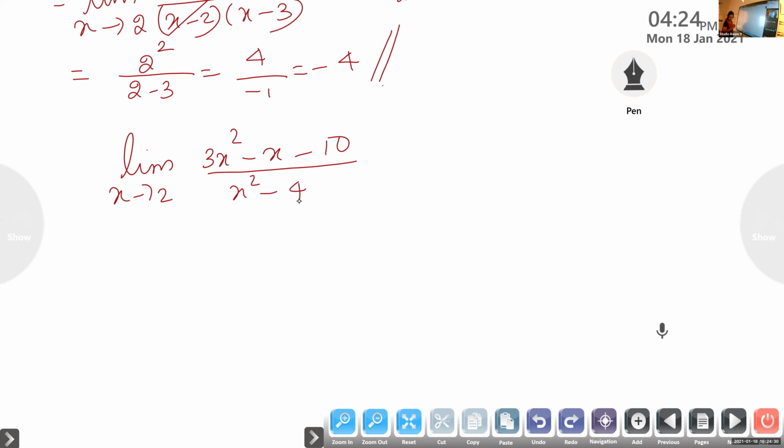Do this one. Solve this and give the answer. If it becomes indeterminate form, we should factorize. Okay, keep it in mind. When it becomes indeterminate form, we have to factorize.